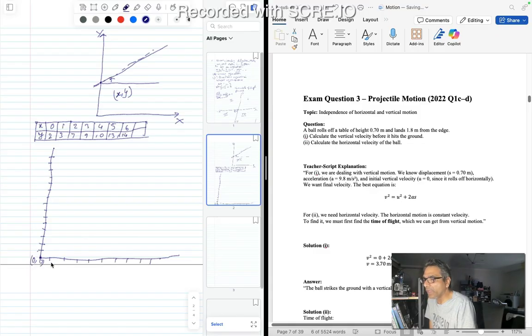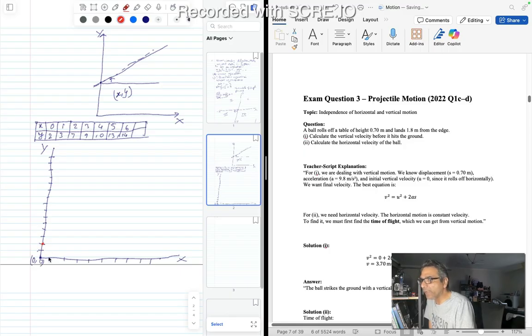Okay. Now in this direction we have x, and in this direction we have y. Now if we have to plot these values, let's say when x is 0, then y is 2. So this will be the point.